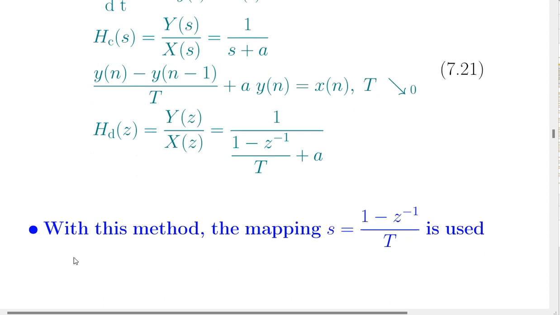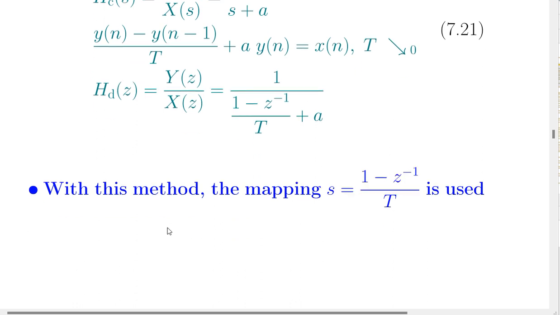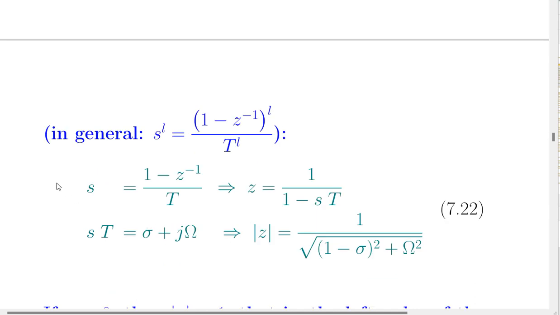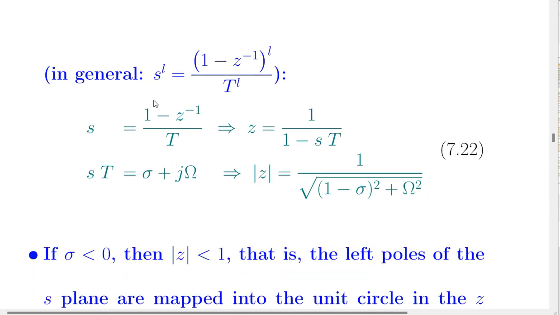So with this method, the mapping is this time s being equal to 1 minus z to the power of minus 1 over T. Now, in general, s to the power of l will be equal to (1 minus z to the power of minus 1) to the power of l over T to the power of l.